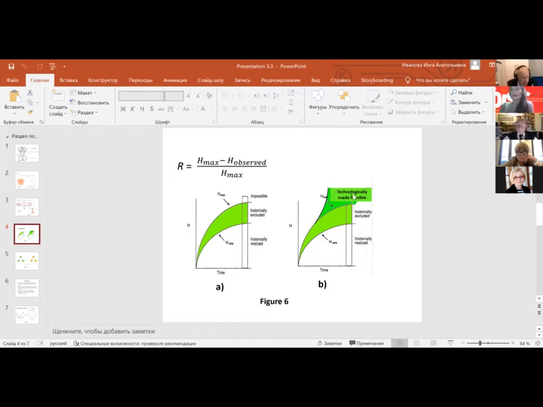That's why for social systems, we can have a higher measure of redundancy than for technical ones. And the speed of increasing redundancy for social systems is higher than the speed of increasing redundancy for historically realized systems.